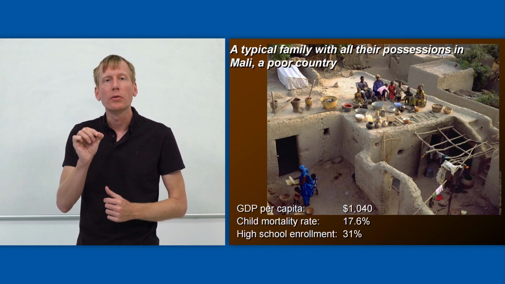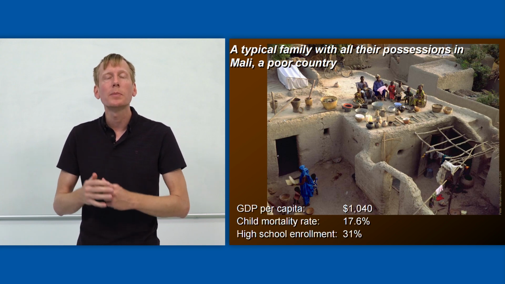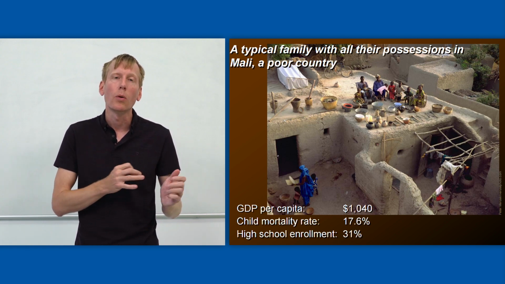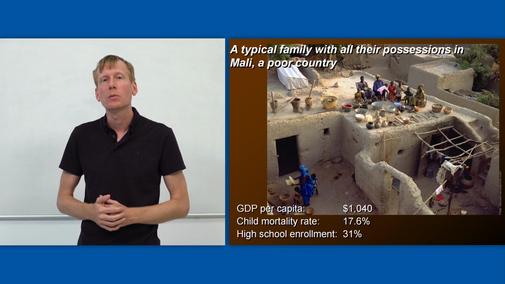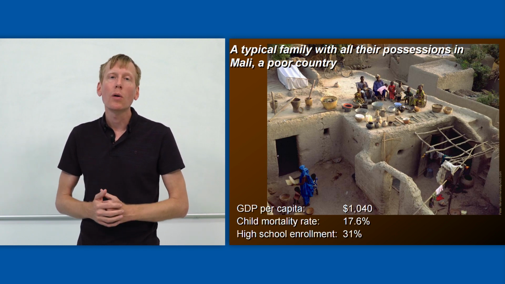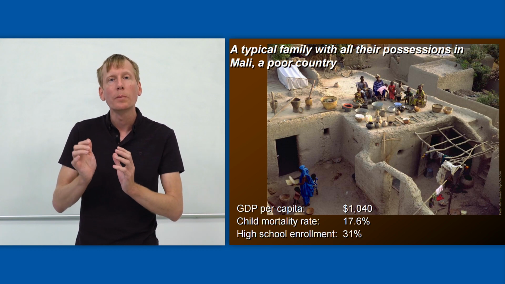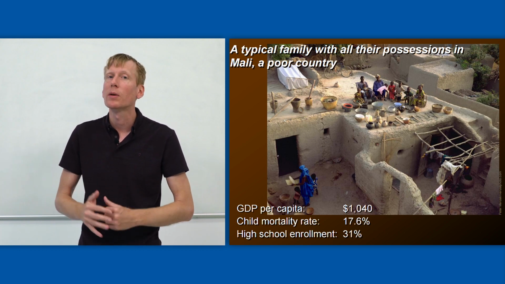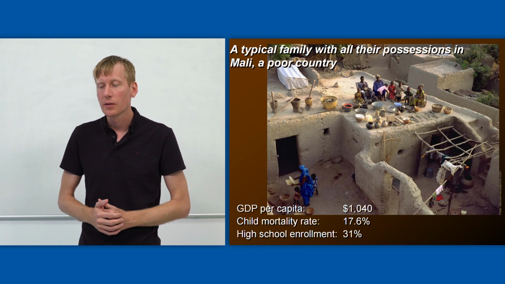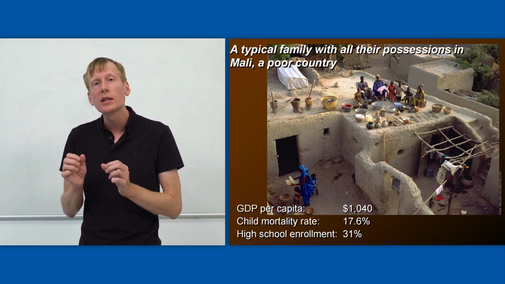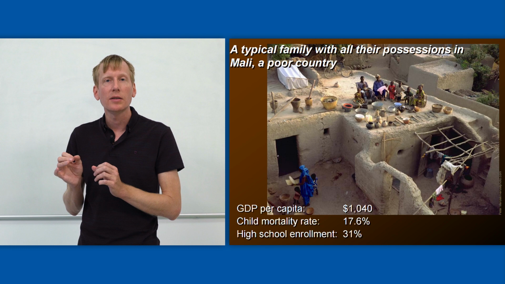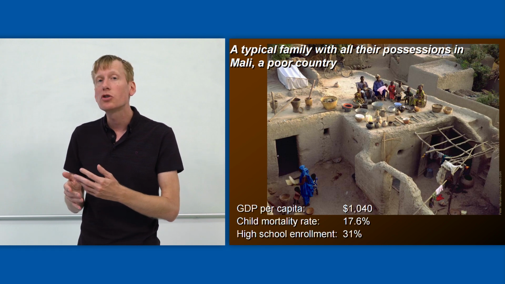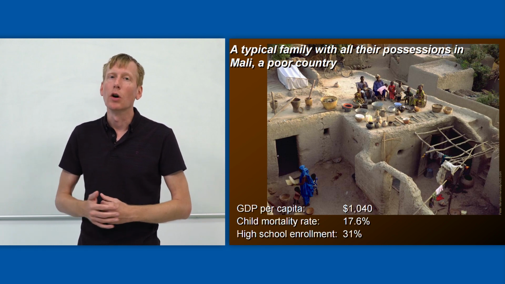Now, Mexico might be right in the middle of that, but there could be other middle-income countries that were a bit poorer and other middle-income countries that were a bit richer. Mali is well below that threshold to be a lower middle-income country and is one of the poorest countries in the world. See, the GDP per capita, and this is real GDP, when we've corrected for the fact that goods may be cheap in Mali, is very low.